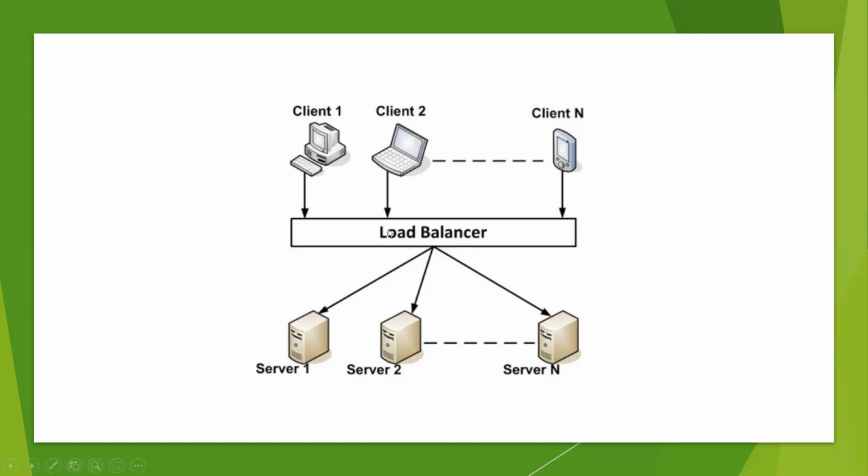The load balancer frequently sends health checks to the servers based on the configured time. If any server is not healthy, the incoming requests will be sent to the other servers. This is load balancing.